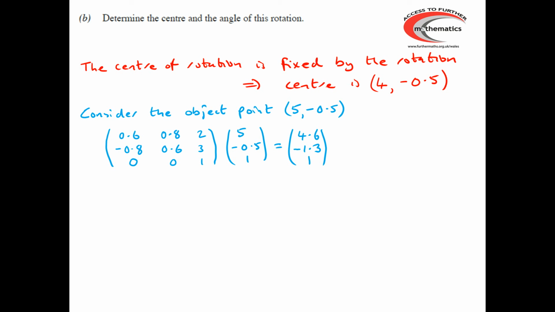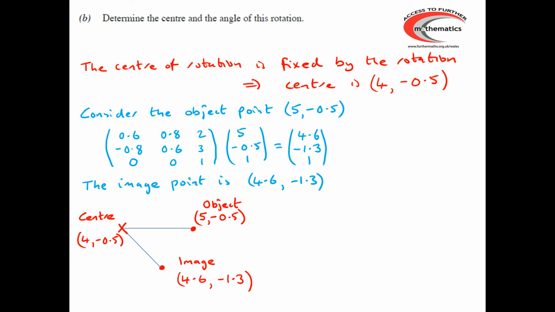So the image point is (4.6, minus 1.3). Now if we represent this diagrammatically, we've got the centre was the point (4, minus 0.5), the object was the point (5, minus 0.5), and the image point was the point (4.6, minus 1.3).